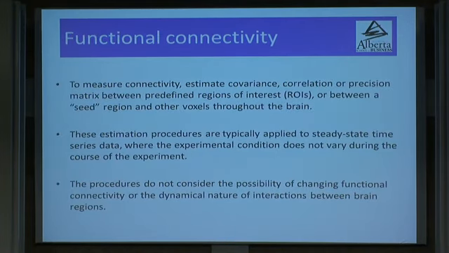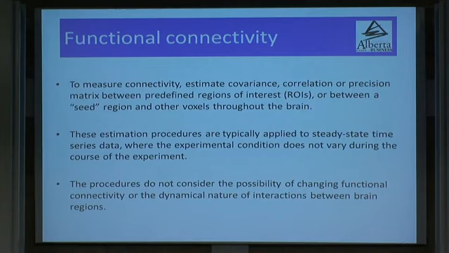So to measure this functional connectivity, we could use, say, a covariance, correlation, or precision matrix between predefined regions of interest. So a region of interest is just an amalgamation of voxels where we just average each of the voxels' time course. Or between a seed region, so we could estimate the covariance, correlation, or precision matrix between a seed region and other voxels throughout the brain.